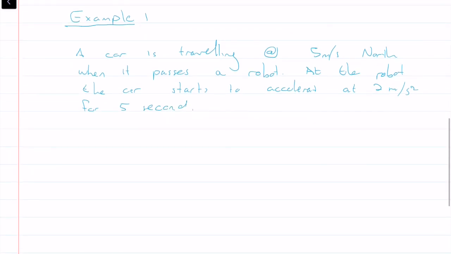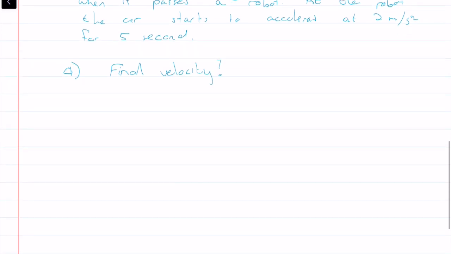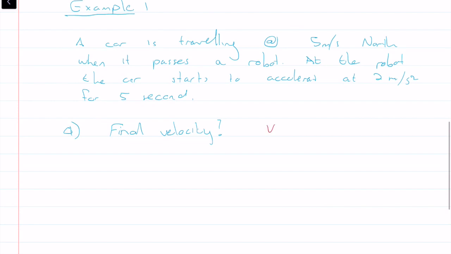Part A says determine the final velocity. Let's see what information we're actually given, let's do it in red. We're looking for V basically.